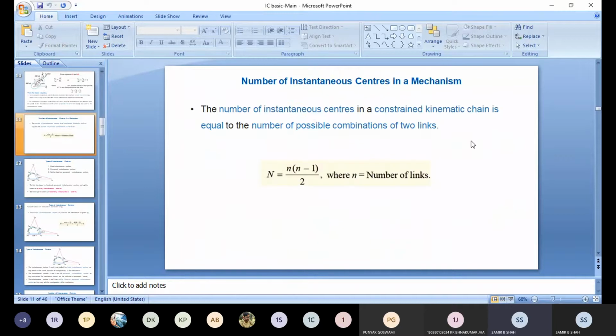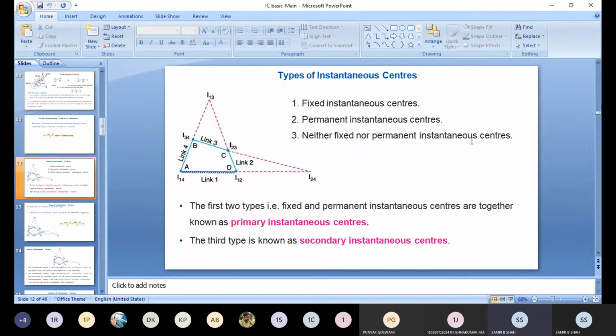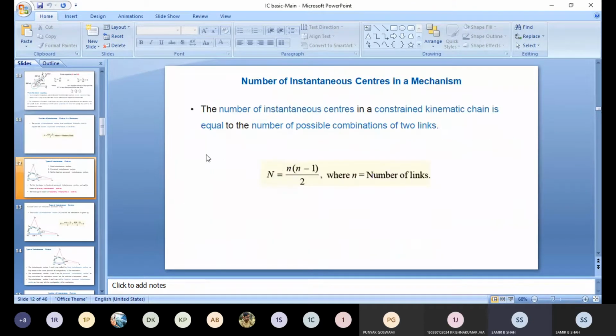As we discussed earlier, capital N is equal to n of n minus 1 by 2. In this example, we know very well that in this 4-bar chain mechanism there are 4 links.